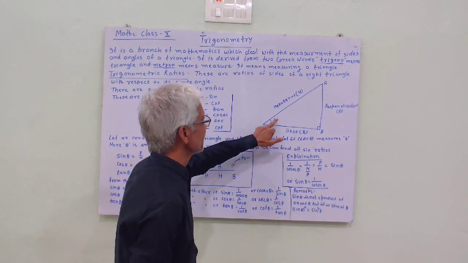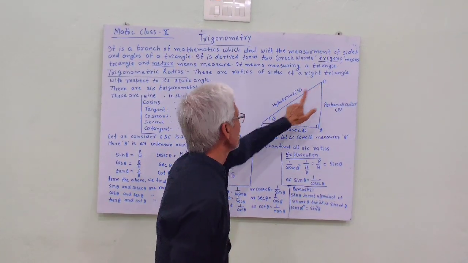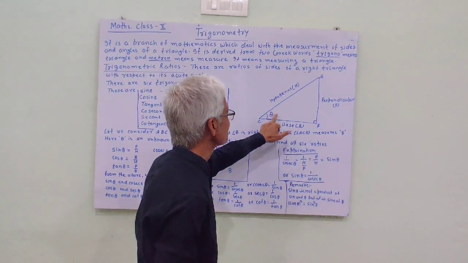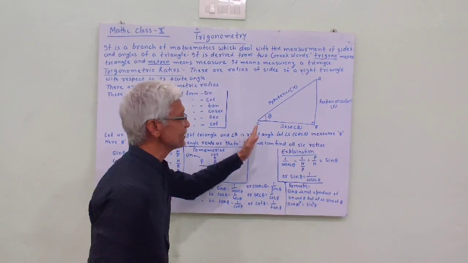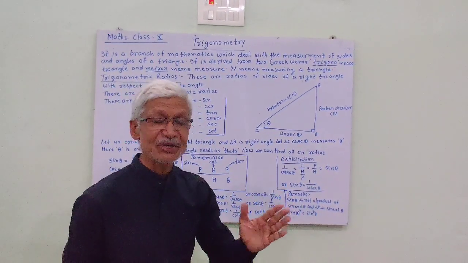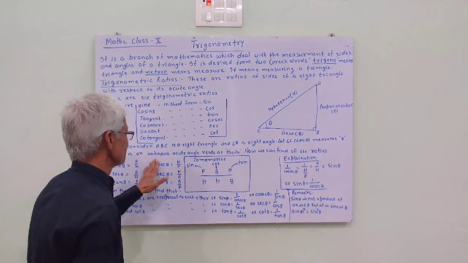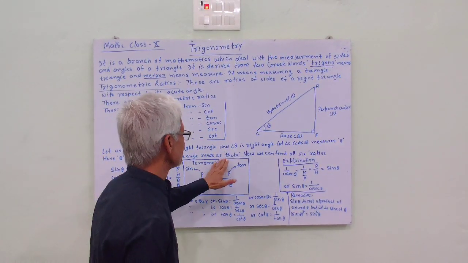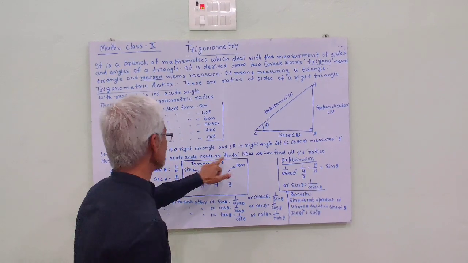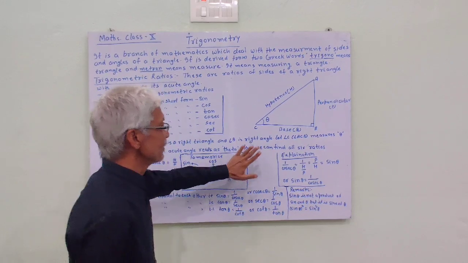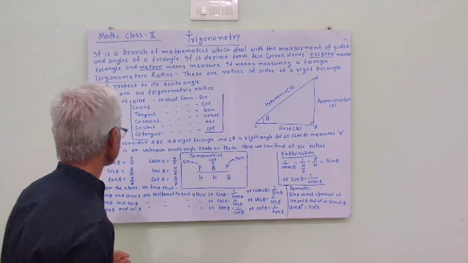Here suppose that angle ACB is theta. Actually, theta is a Greek letter and it is written for the angles which are unknown. So using theta, we can find all the trigonometric ratios.